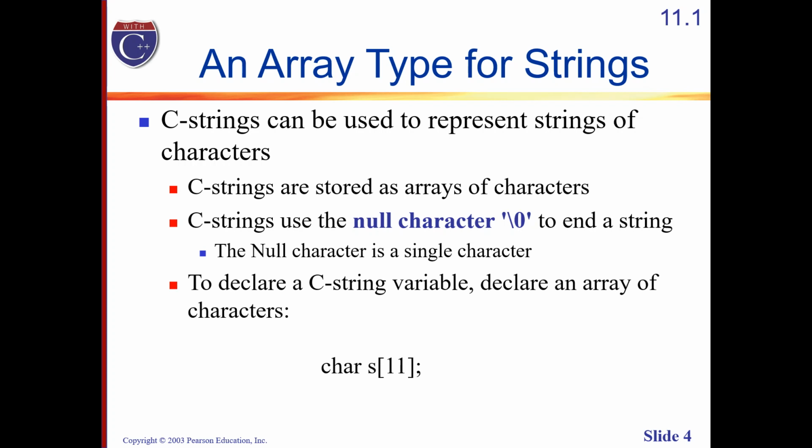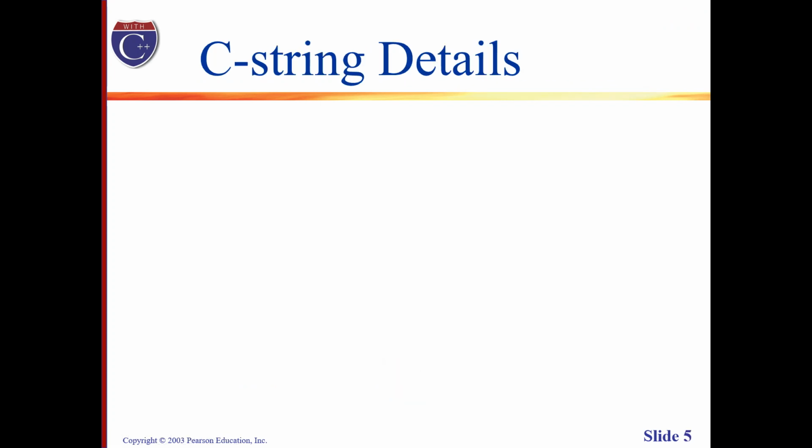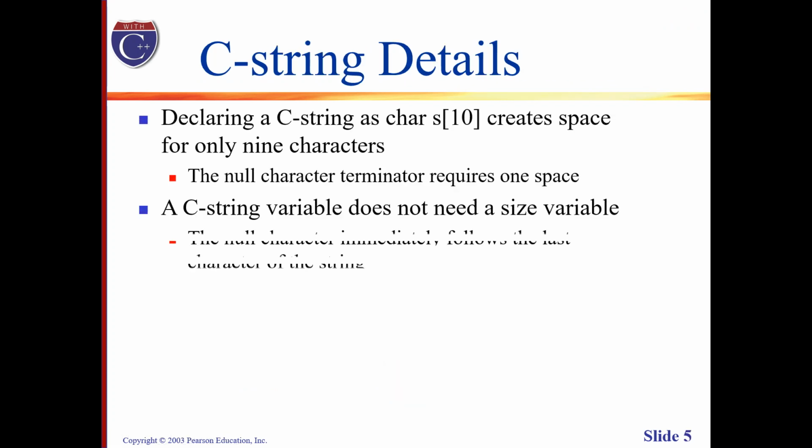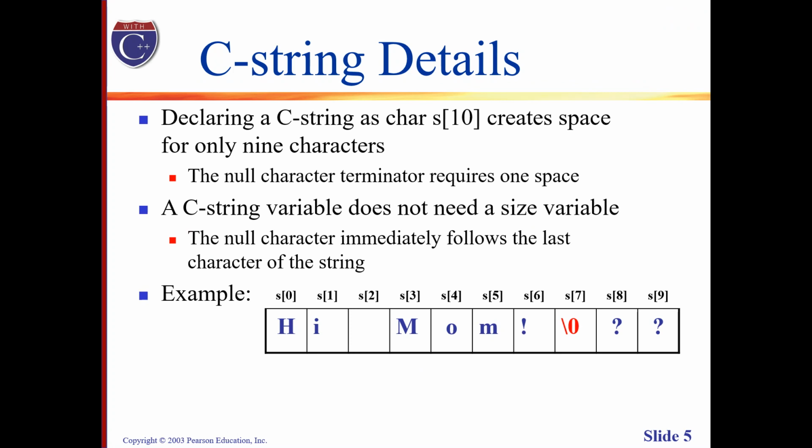Going back to C strings, we can declare a C string variable in the following way. So for example, we can declare a C string variable s with the size 11. As to the details of C string, declaring a C string as character creates space for only 9 characters.